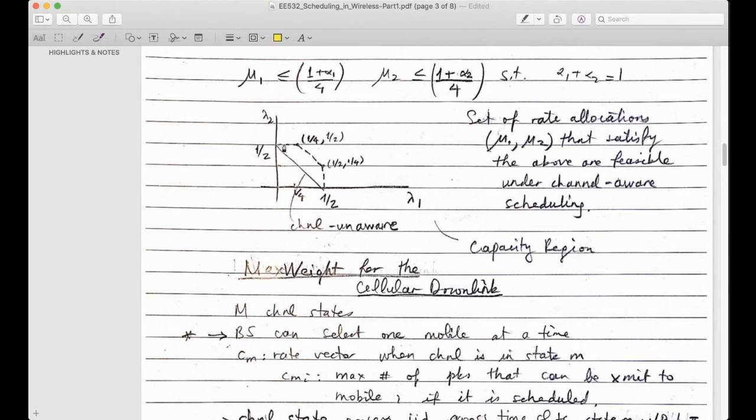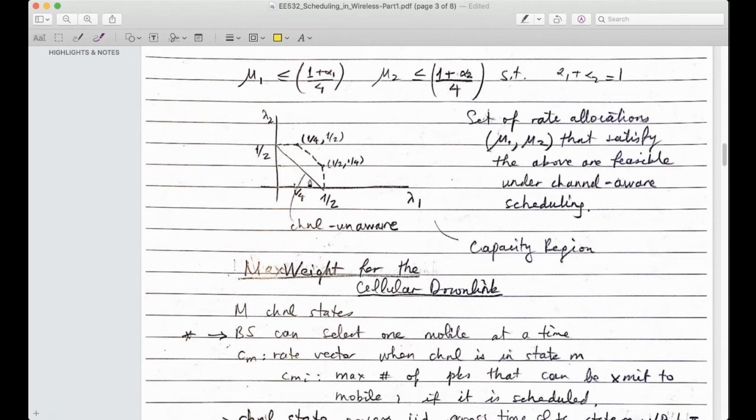That gives us this pentagon, whose border is shown by a dashed line. For example, the point 1 over 4, 1/2 is achievable by this policy, whereas it was not achievable by channel unaware scheduling.